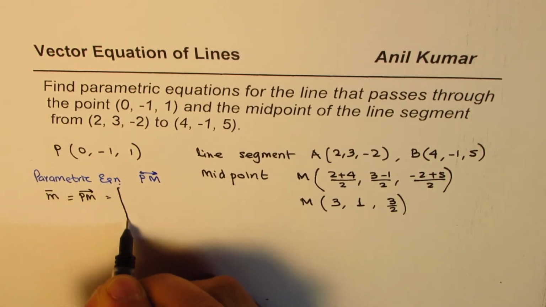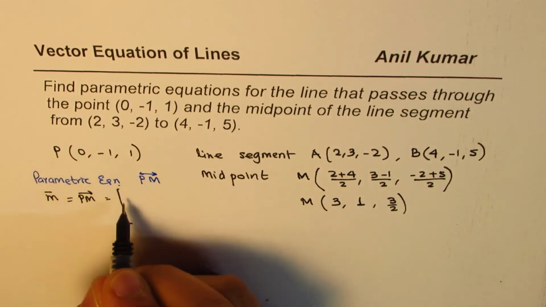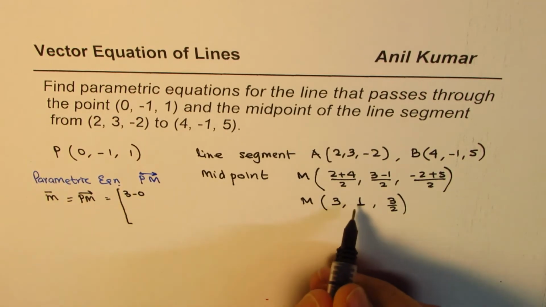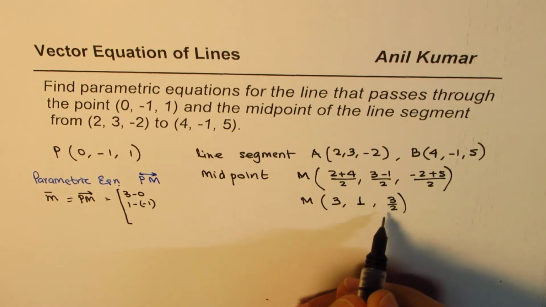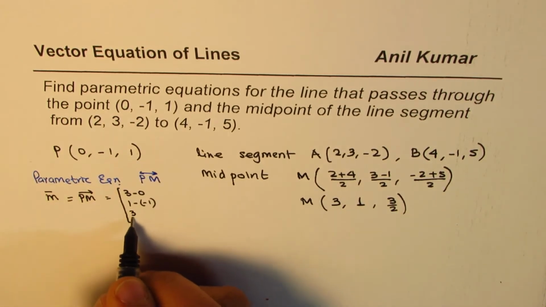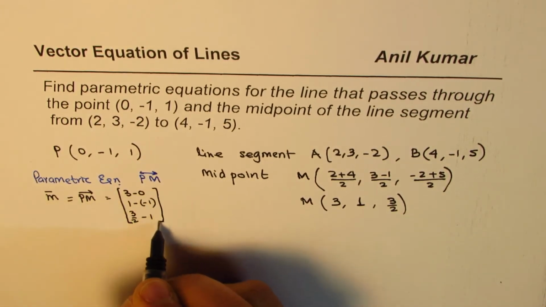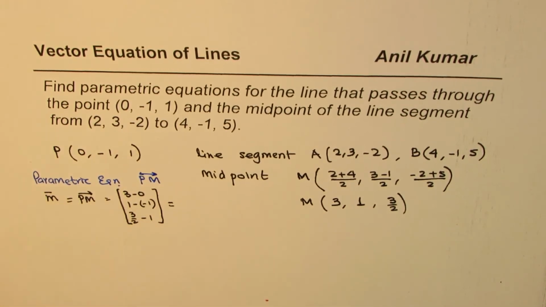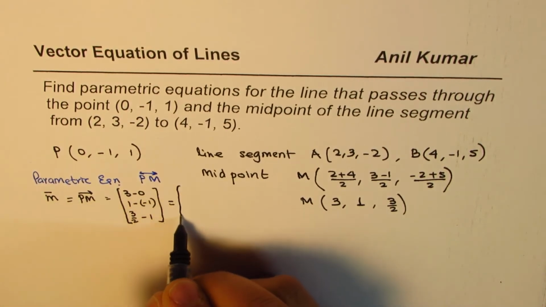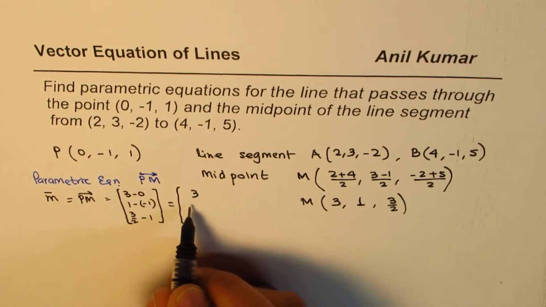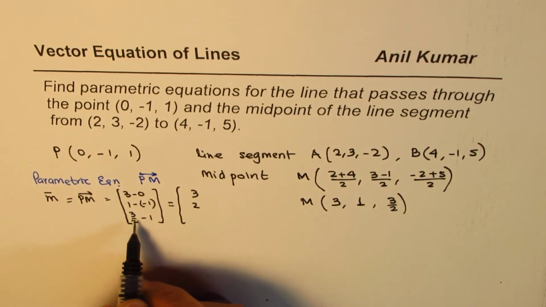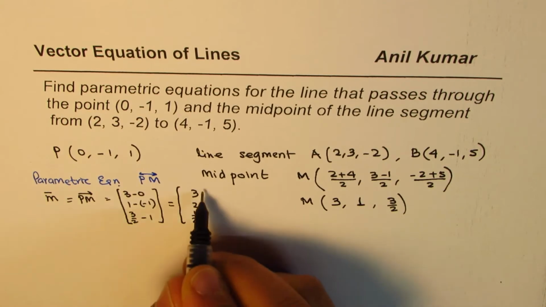So that will be, let me write in this form, (3 minus 0, 1 minus -1, 3/2 minus 1). That becomes the direction vector. So 3 minus 0 is 3, 1 minus -1 is 2, and that is equal to 1/2.